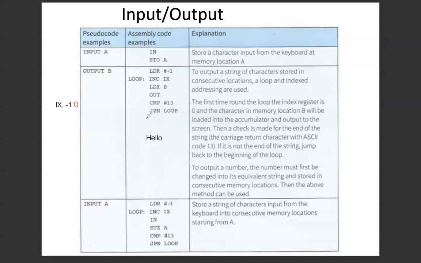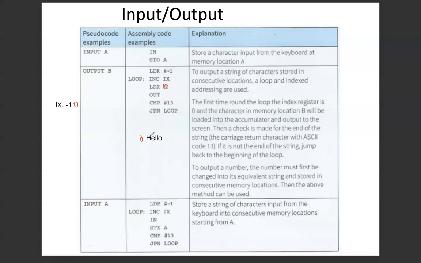Load using index addressing from where? B. Now B is my base address. B is starting from here. Now think of this whole string as an array, and at each array position, I have different letters, including the carriage return.